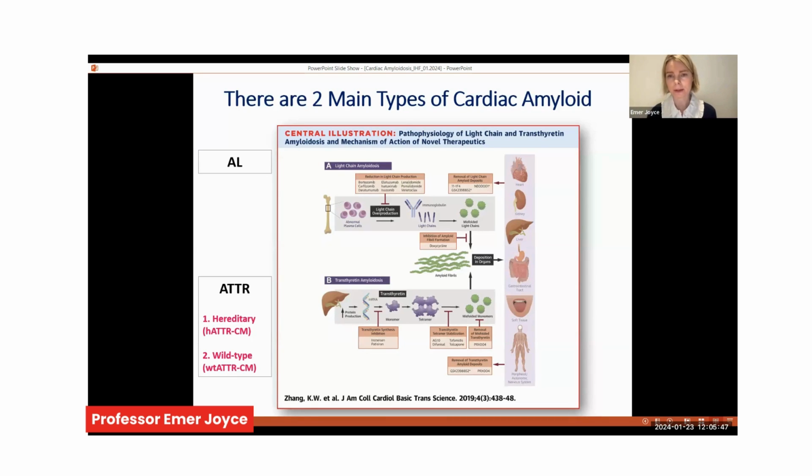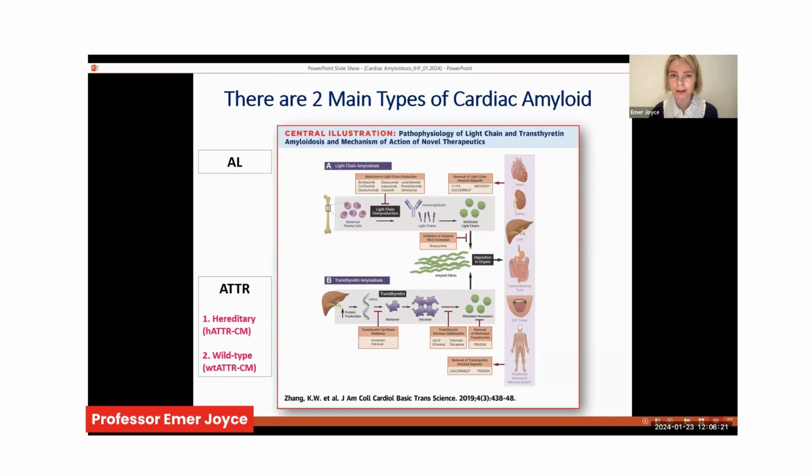There are two main types of heart amyloidosis, so too much protein in the heart. The two main types are AL and ATTR. The A stands for amyloid, so it's just what the other letters stand for. AL is light chain amyloid. What you need to remember here is that it's a form of amyloidosis where the protein causing the problem, going where it shouldn't, comes from an overgrowth of a particular type of blood cell, the blood cells that produce antibodies, actually.